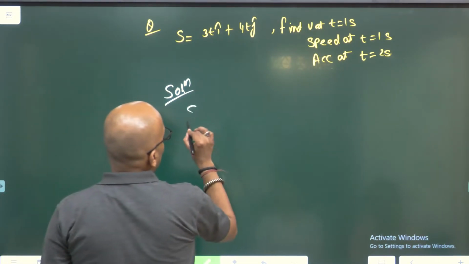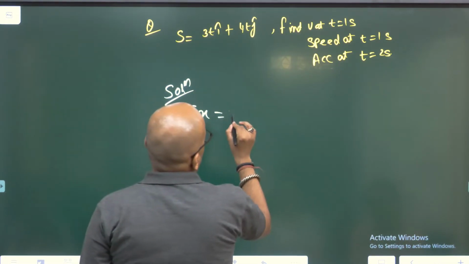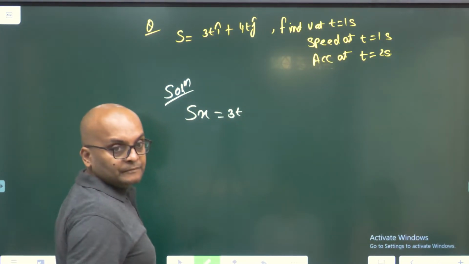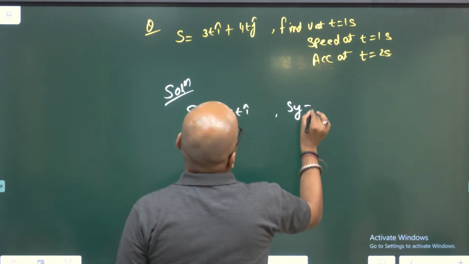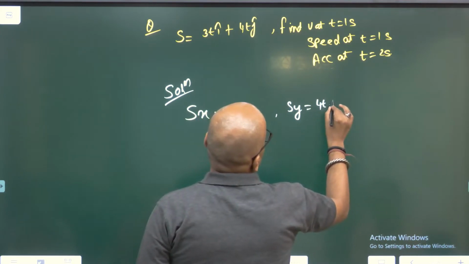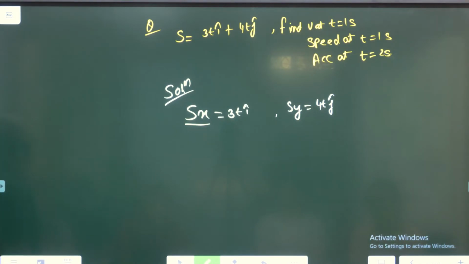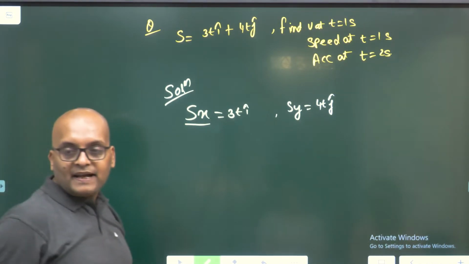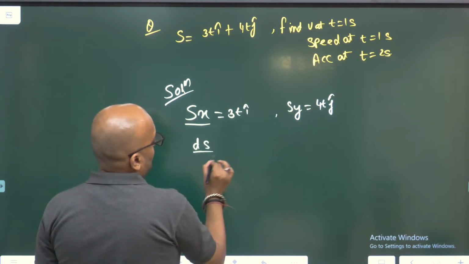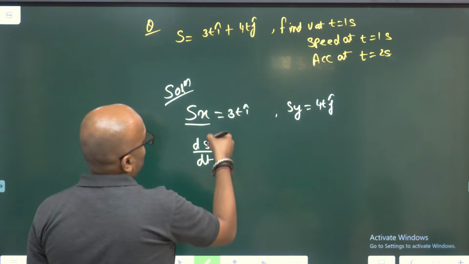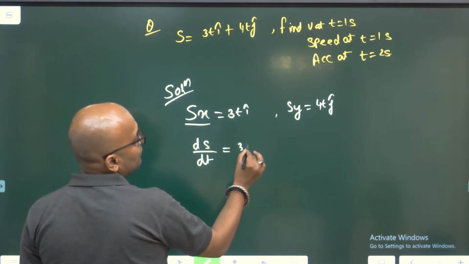Segregate it. Write it like this: Sx, displacement along x-axis, 3t. Displacement along y-axis is 4t. Now displacement along x-axis is given. Can you find velocity along x-axis? Just differentiate it. Yes or no? By differentiating displacement with respect to time, you get velocity. So 3 will come out.